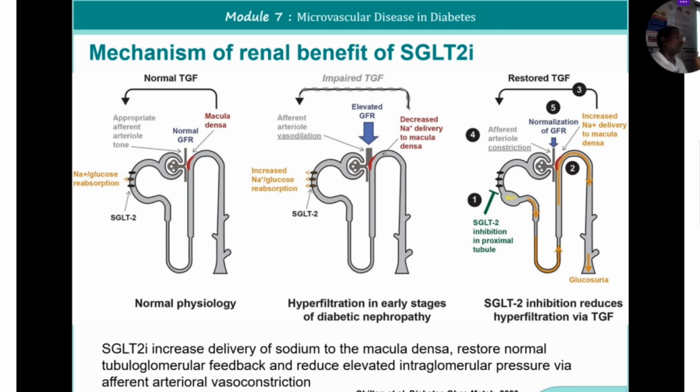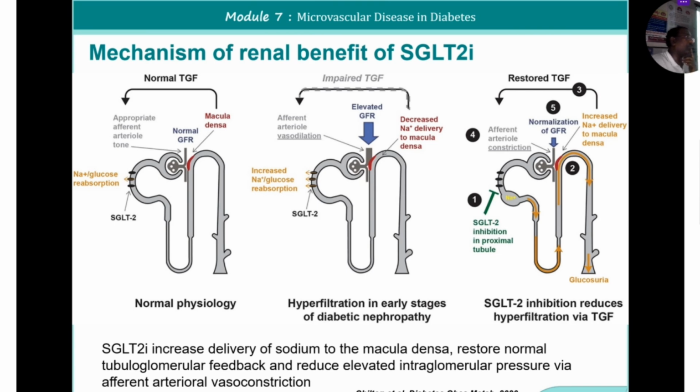Whatever is filtered in the glomerulus, all the filtered glucose will be reabsorbed. That is the reason no glucose appears in the urine in normal individuals. Every day around 180 grams of glucose will be filtered, and again 180 grams of glucose will be reabsorbed. So by using these SGLT inhibitors, they prevent the reabsorption.